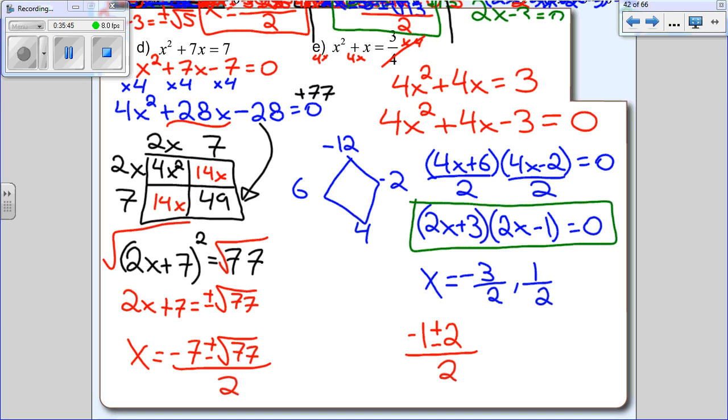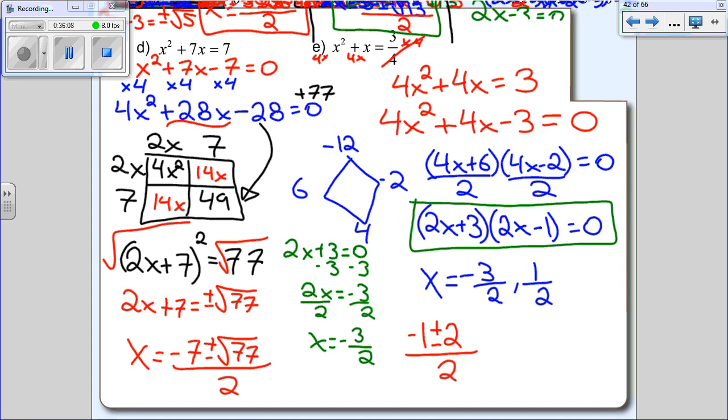Do that, and then I divide by 2. And then I did the same thing for the second one. I would go 2x minus 1 equals 0. I would add 1, divided by 2. The pattern of this number divided by this number works, but it's always the opposite symbol, because you have to add or subtract to those.